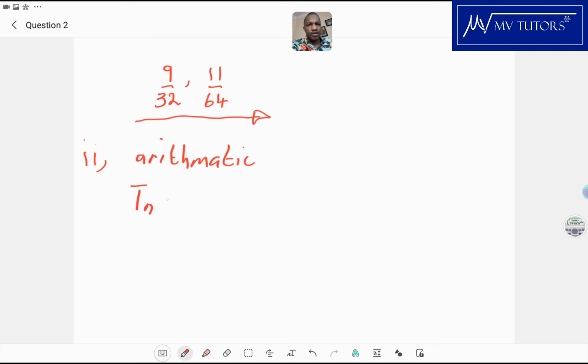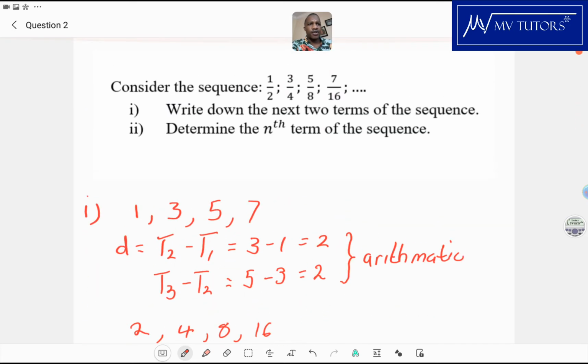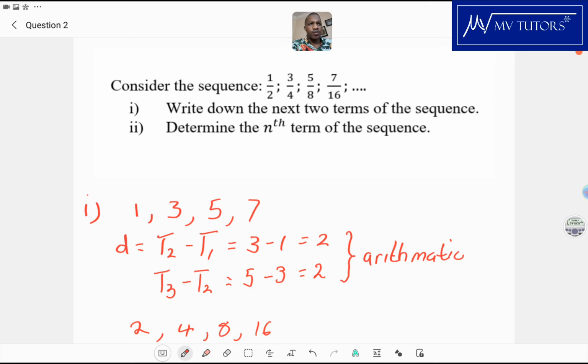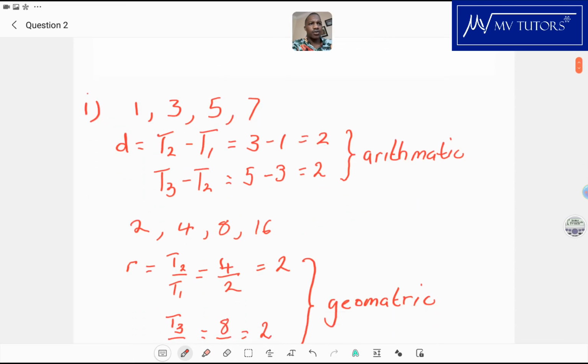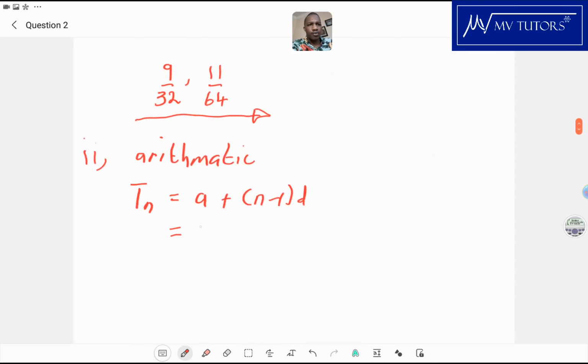The term formula is given by a plus n minus 1 times d. We've already solved our d. We know our a. Our a, if we go back, is 1, and our d is 2. So we're going to put 1 there, plus n minus 1, times 2.